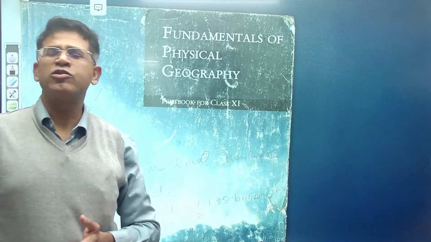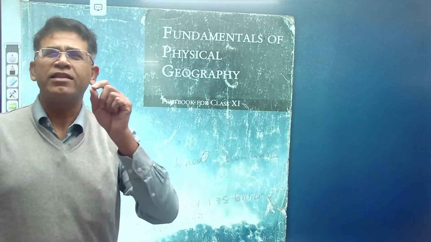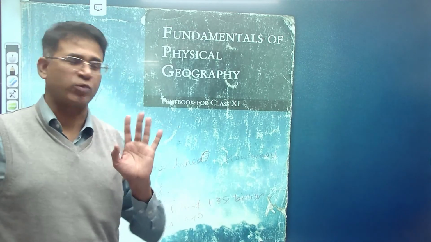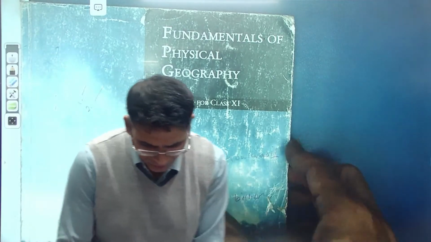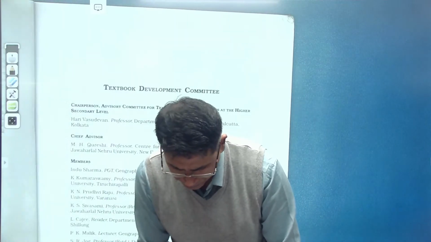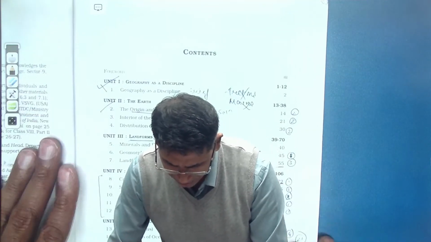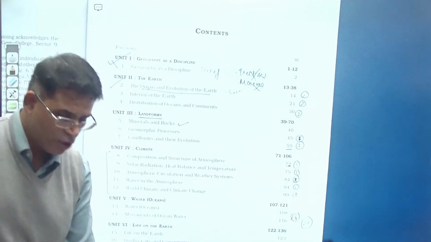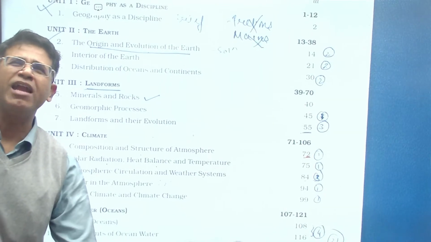I have asked students to study the first 7 chapters, ignoring the first one. Others also can start off now. So this is your index. You can ignore the first one, the first chapter, Geography as a Discipline. If you can look it up, there is no harm.